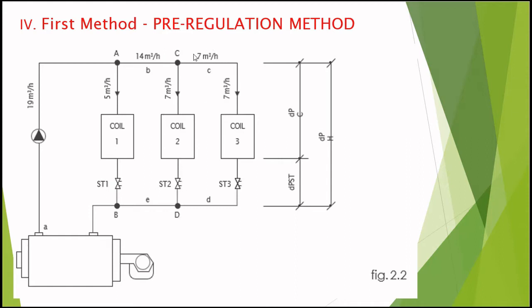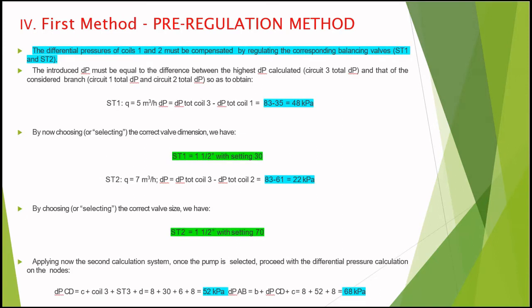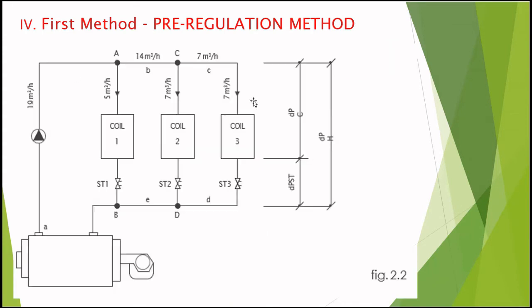DPCD equal to C plus coil 3 plus static 3 plus D, while DPAB is equal to B plus DPCD plus C. So already we calculated DPCD.